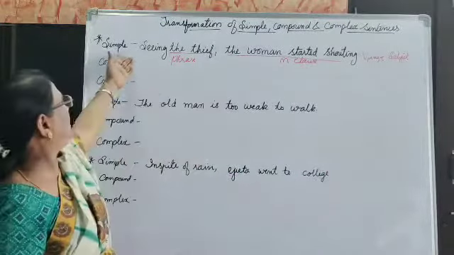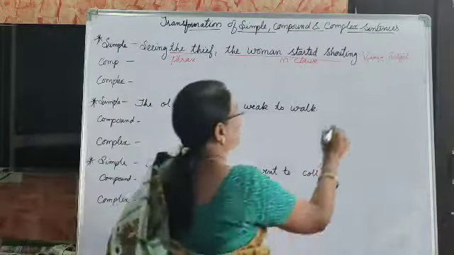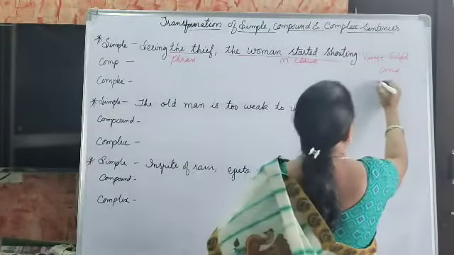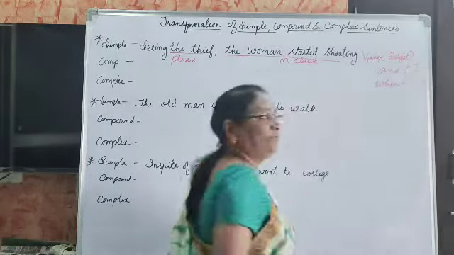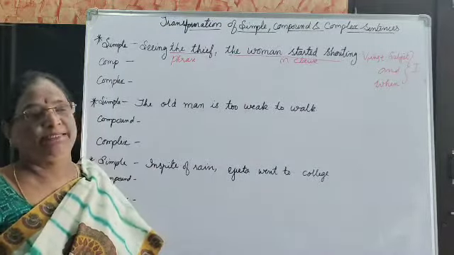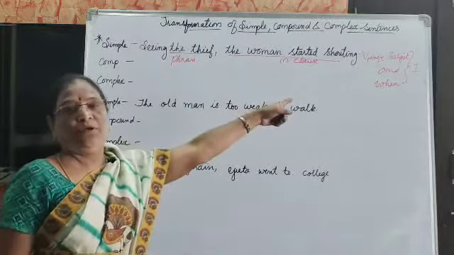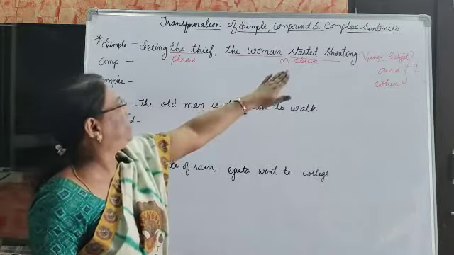So when V1 ing plus subject is in a simple sentence, we have to use 'and' in compound, and 'when' in complex. This is number 1 model. So let us use this coordinate conjunction and transform this sentence into a compound sentence. Seeing the thief, the woman started shouting.